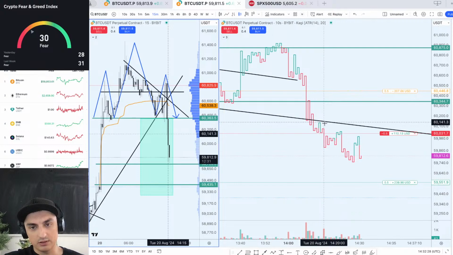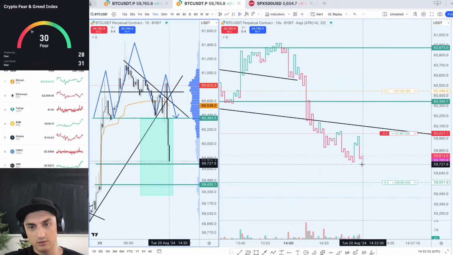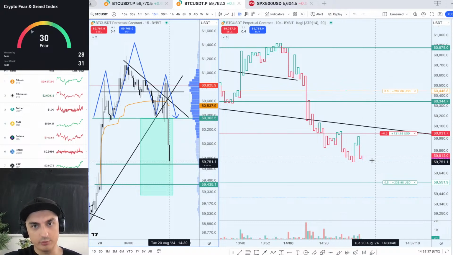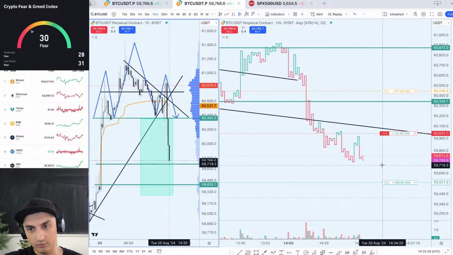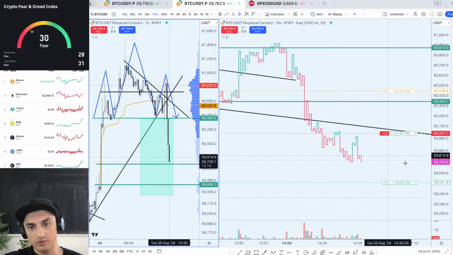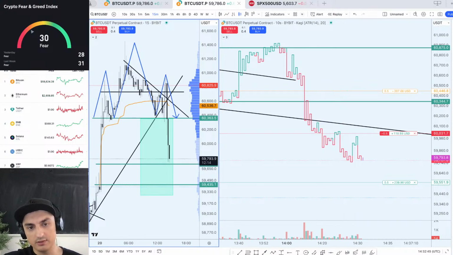We got these lower highs all over the place right now. Testing 59,750. We need to break through 59,750 to go lower. We're still there. 750, 740s. Touched 740s.